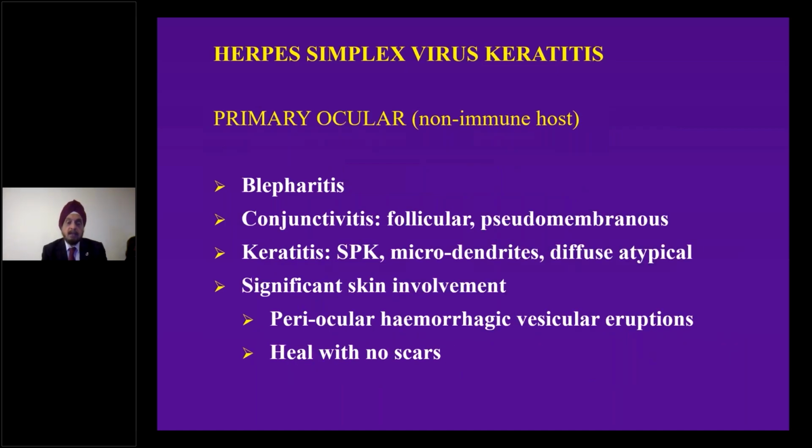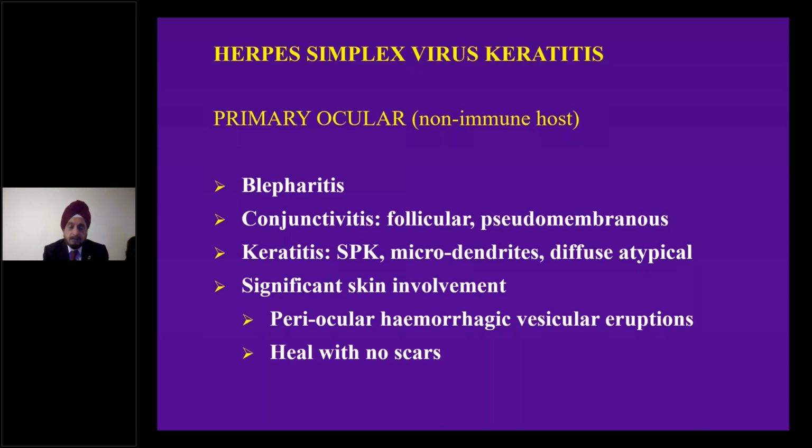So when we look at the primary ocular infection in a non-immune host, again, the same feature. Every structure of the eye basically can be involved. You can get the lids, the conjunctiva, get follicles or papillary reactions, and if it's severe, you get pseudomembranous reaction. The keratitis, again, the same thing. You get punctate keratitis, microdendrites, pretty obvious dendrites.